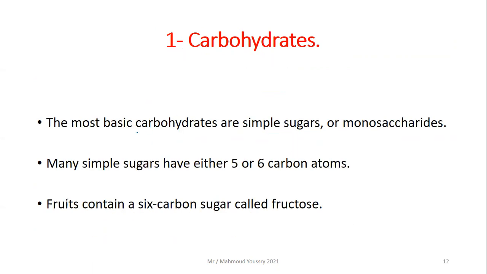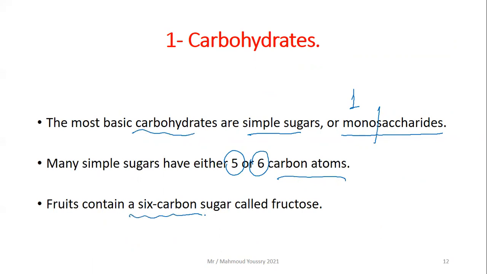Okay, the most basic carbohydrates are simple sugars, also called monosaccharides. The word mono means one. Many simple sugars have either 5 or 6 carbon atoms. We already know 2 of these. Fruits contain a 6 carbon sugar, which is called fructose.